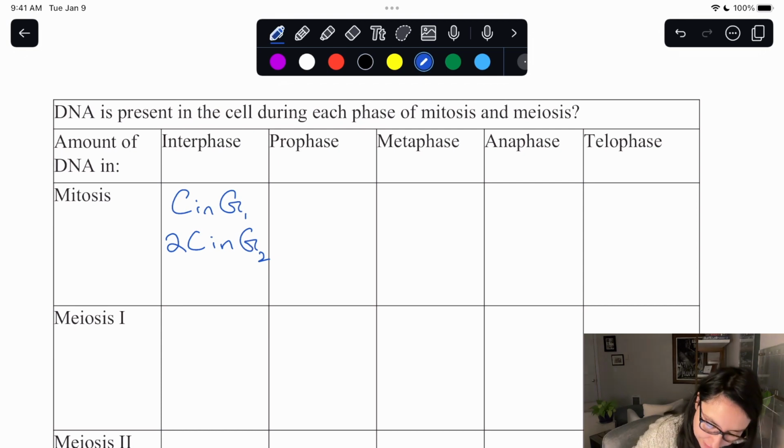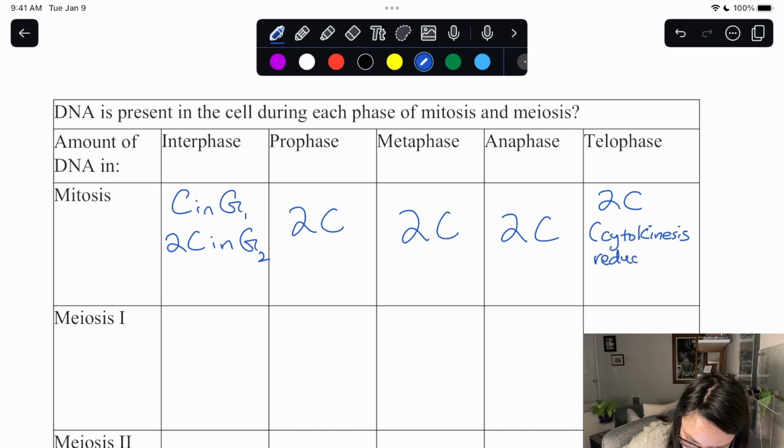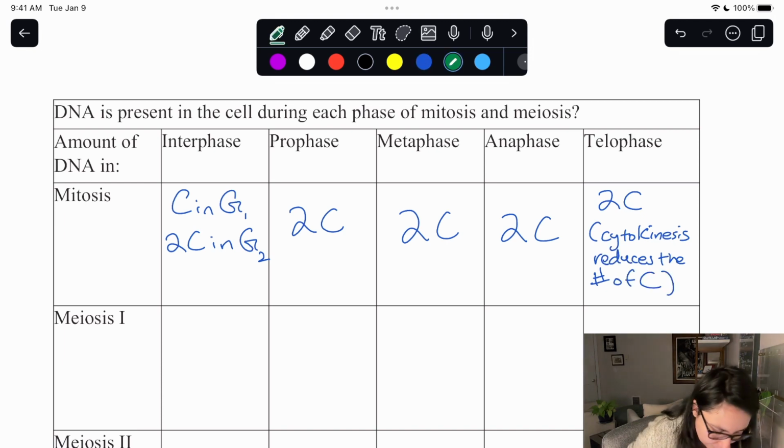Then you have your prophase, you have 2C, 2C, 2C, and 2C. In parentheses, cytokinesis reduces the number of C. We'll go to meiosis next.